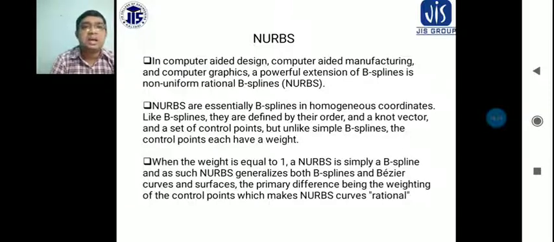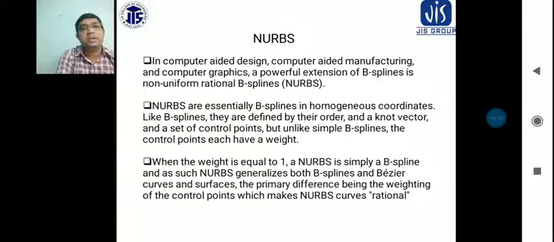NURBS are essentially B splines in homogeneous coordinates. They are defined by their order, a knot vector, and a set of control points. But unlike simple B splines, the control points each have a weight.